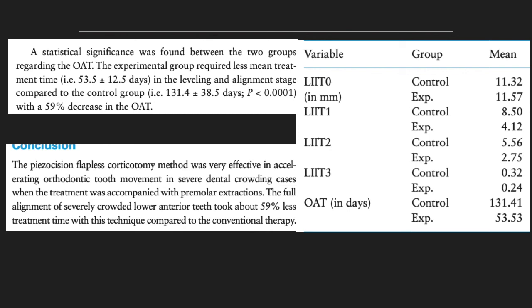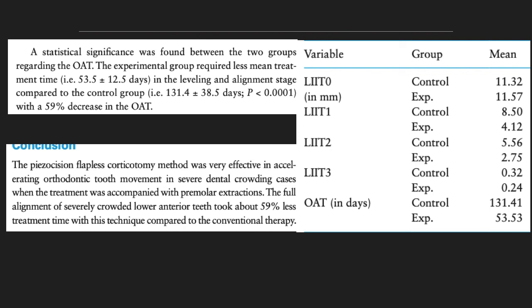Okay, in the second month, the control group was 5.56, and in the experimental group there is remaining irregularity index or remaining crowding of 2.75, and this crowding needs an additional 1 month.